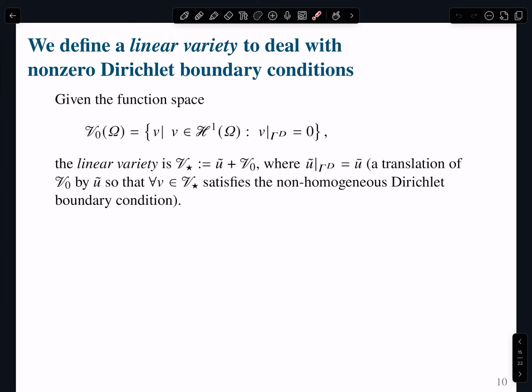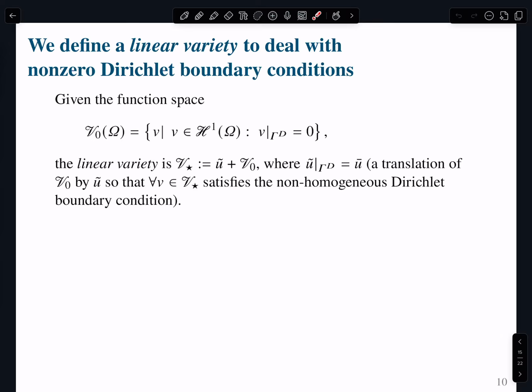And so what we do is we define a space V naught, so that the function is equal to 0 in the part of the domain where you're prescribing the displacement. So you are saying here, V is in the H1 Sobolev space, but also the restriction of that V function is equal to 0 in gamma D. And if you recall, we denote gamma D the part of the boundary where we're prescribing the essential boundary condition, the Dirichlet boundary condition, that is the D for Dirichlet.